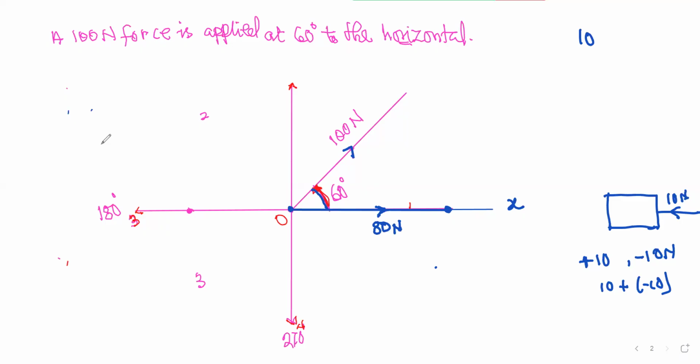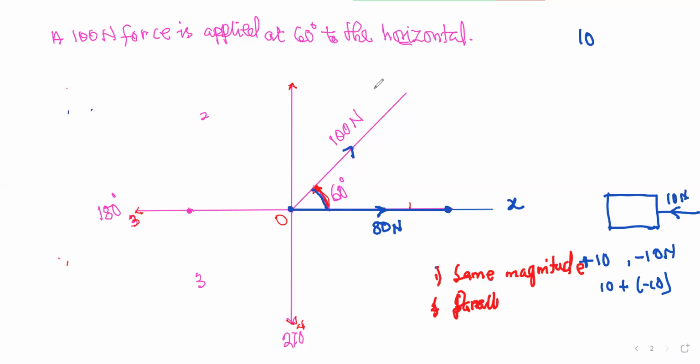Vectors or forces are equal no matter their location if they have these properties. One, they have the same magnitude. They have the same magnitude and they are parallel to one another. Same magnitude, parallel to one another, and the same direction.